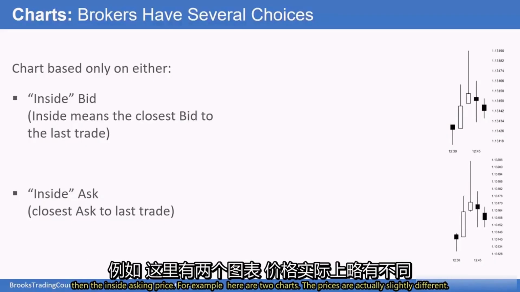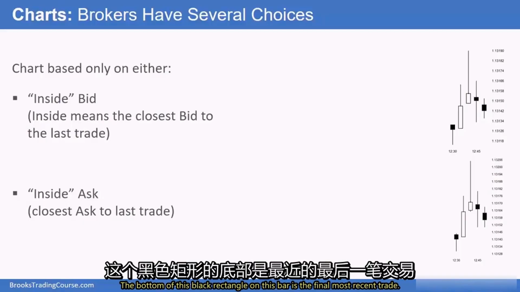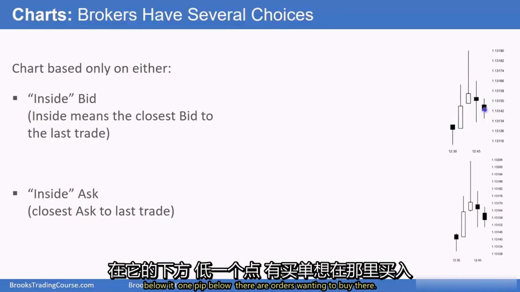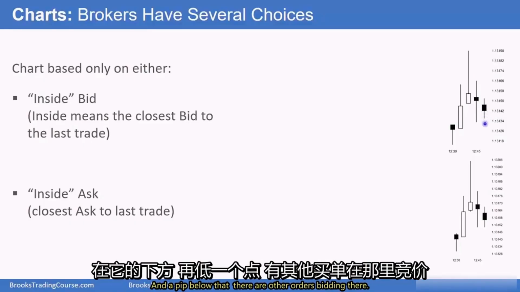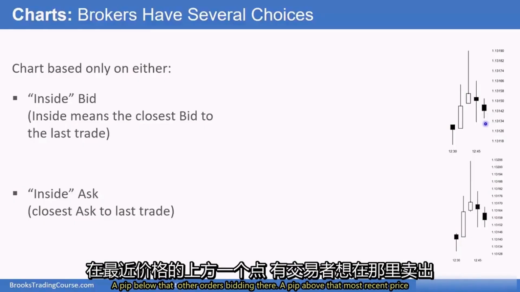The most common charts are either based upon the inside bid, which is more common, and then the inside asking price. For example, here are 2 charts. The prices are actually slightly different. The bottom of this black rectangle on this bar is the final most recent trade. Right below it, 1 pip below, there are orders wanting to buy there. And a pip below that, there are other orders bidding there. A pip below that, other orders bidding there.